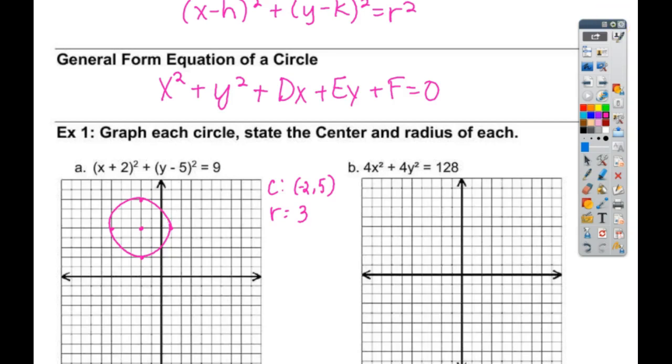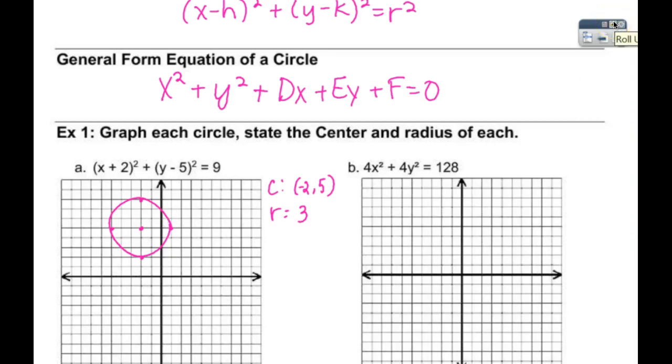So if I look at the next one, I have 4x squared plus 4y squared equals 128. But you can't have a 4 in front of it, so you've got to take it right off. I can't have the 4, right? I have to have the x squared and y squared by itself. So if I divide straight through, I'm going to get x squared plus y squared equals 32.